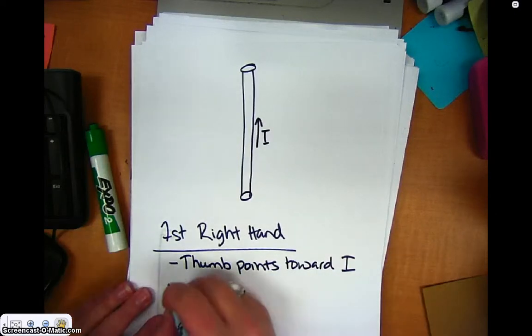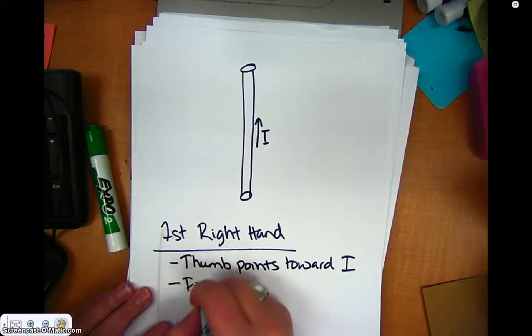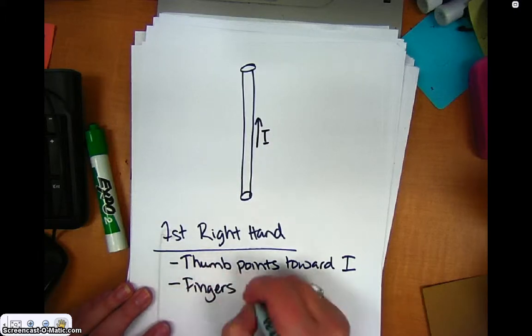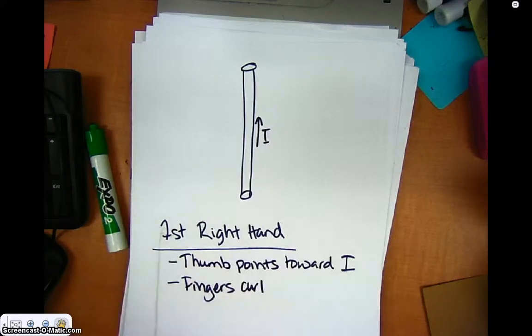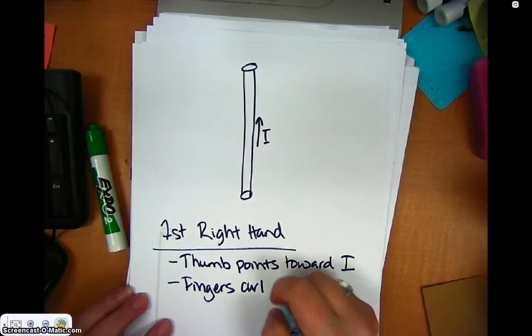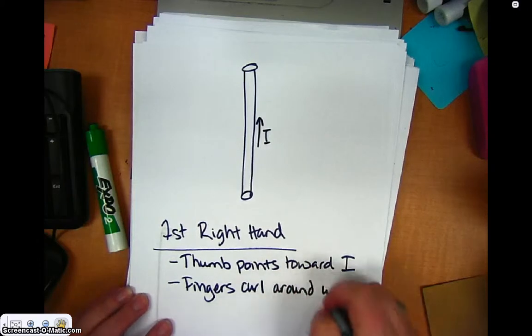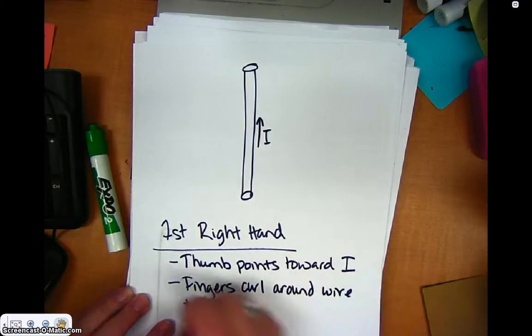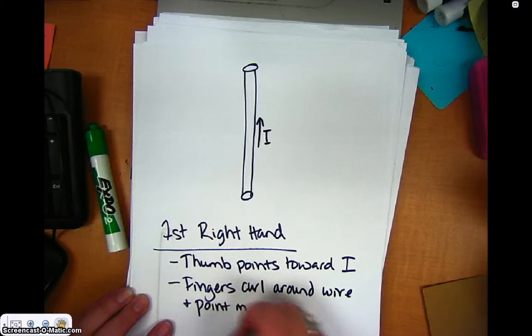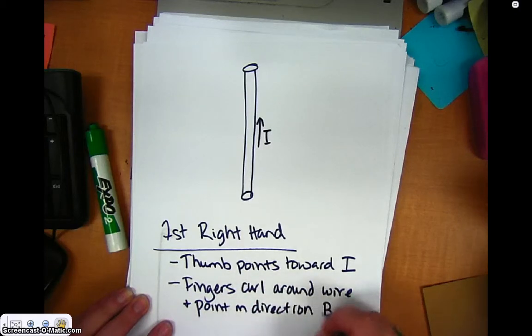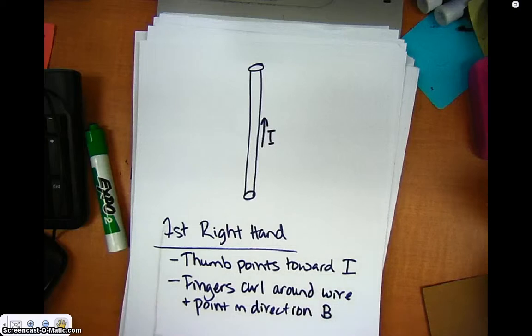And then your fingers curl around the wire and point in the direction of the magnetic fields. Now I'm going to try and demonstrate this as best as possible underneath the Elmo, but it's a little bit difficult to tell just because I'm sort of limited by my camera here, but let's just do the best that we can.